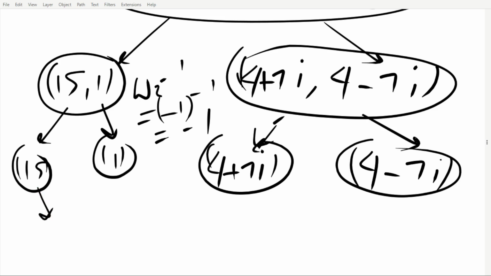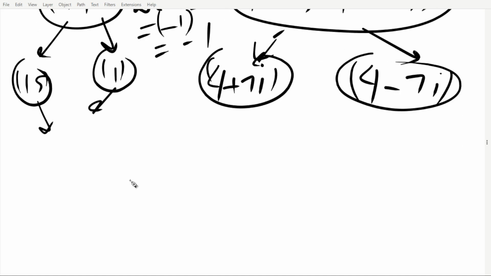Combine 15 plus 0th power of omega 2 inverse multiplied by 1 and then flip the sign. So actually it is the same, 15 plus 1 and 15 minus 1, we get 16 and 14.